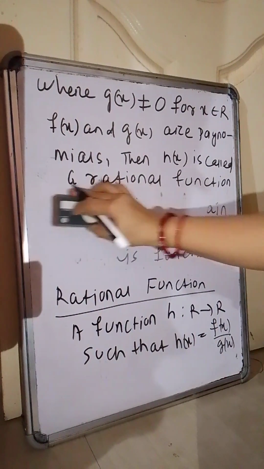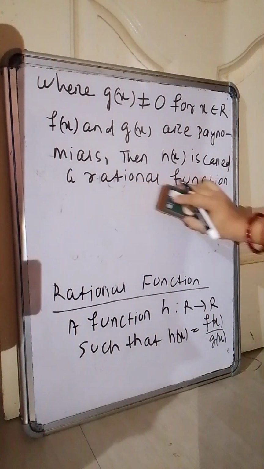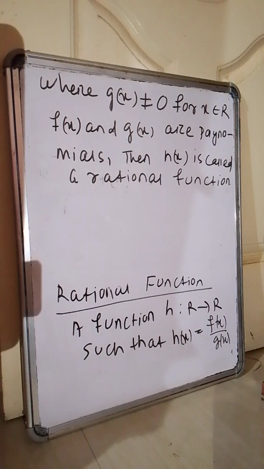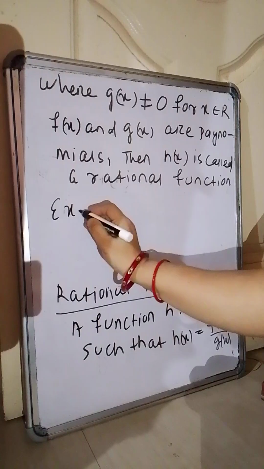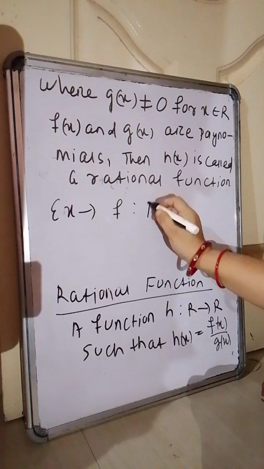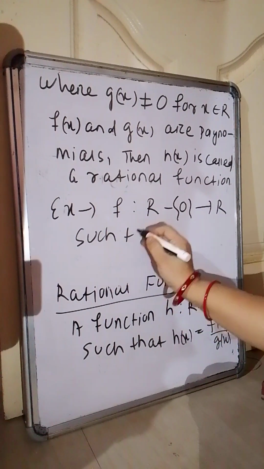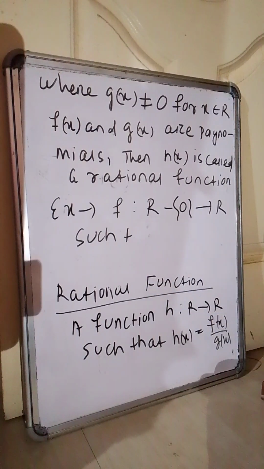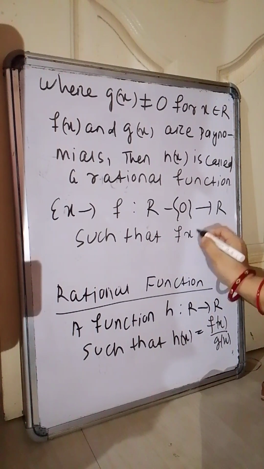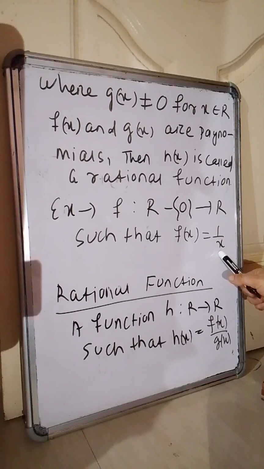Now you can take an example. Suppose a function f of x is defined from R minus 0 to R such that f of x equal to 1 by x. So f of x equal to 1 by x, this is a rational function.